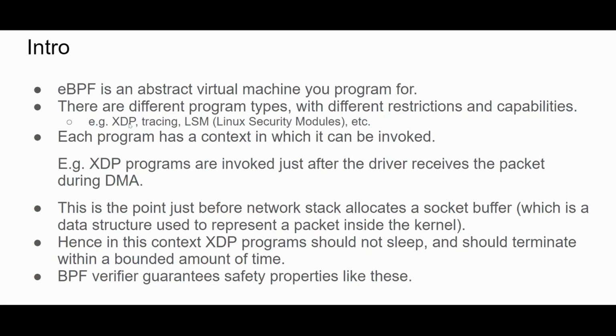There is something called XDP, the Express Data Path, which runs just after your driver DMAs the packet frame. On the network card, you get the raw packet frame, and the operating system DMAs it. Before it passes it to the kernel, you can execute a program to inspect the packet and filter it: drop it, pass it, or redirect it to some other device.